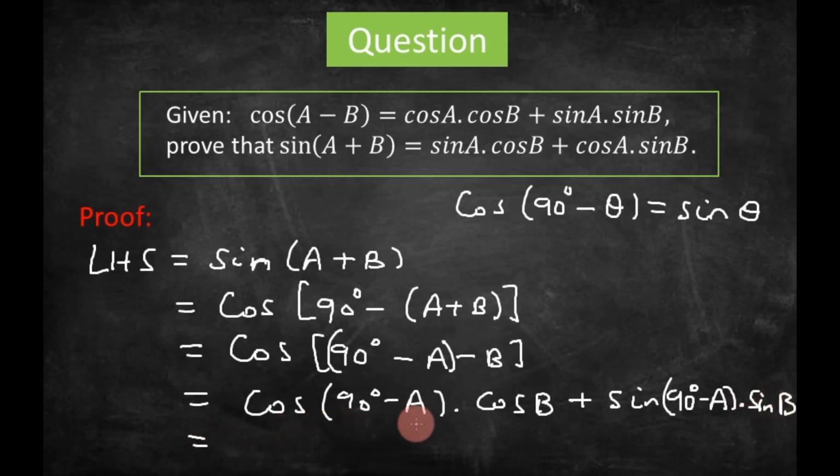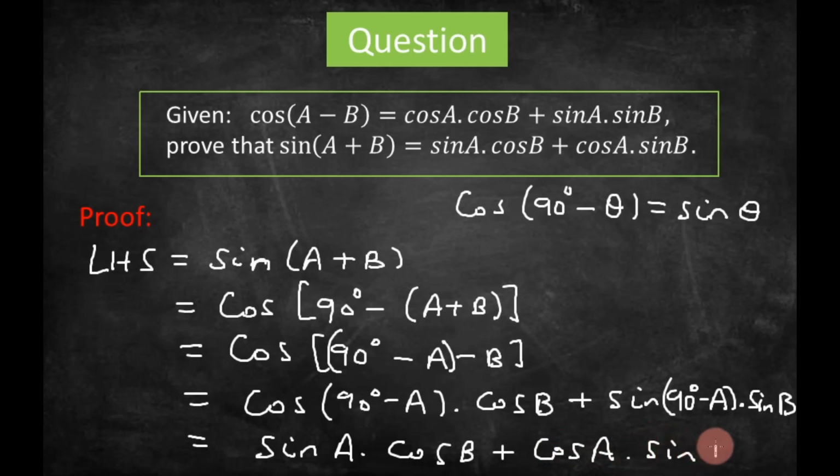Now we're going to use the co-ratios again. We know that the cos of 90 degrees minus theta is a sine of theta. So the cos of 90 degrees minus a is a sine of a. And the sine of 90 degrees minus a is the cos of a. So we see here that the left-hand side comes to the right-hand side. And we have proved this identity.